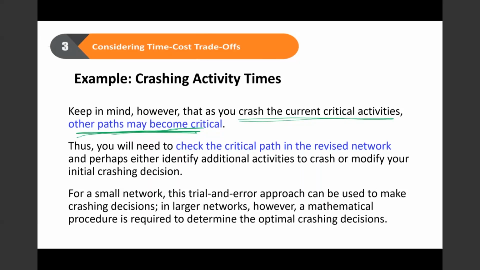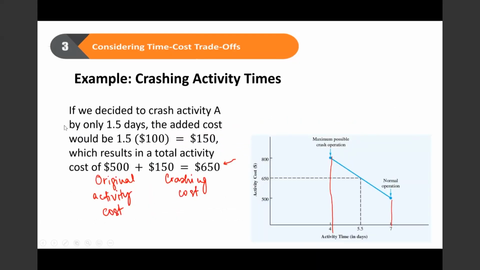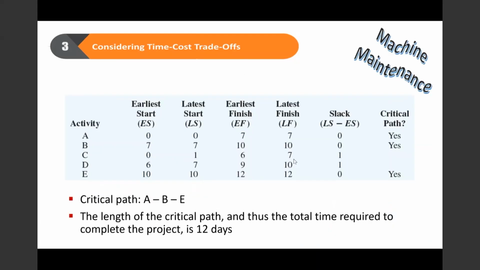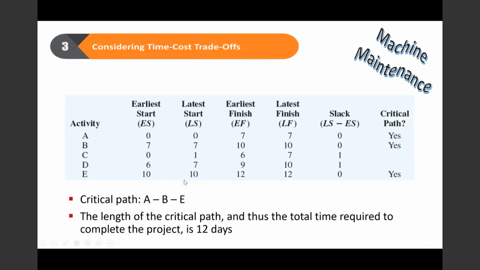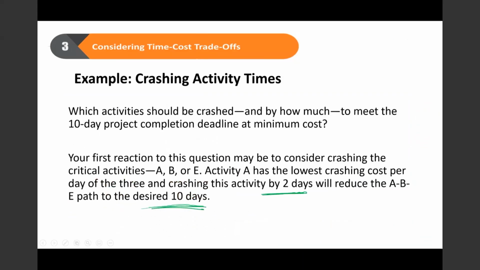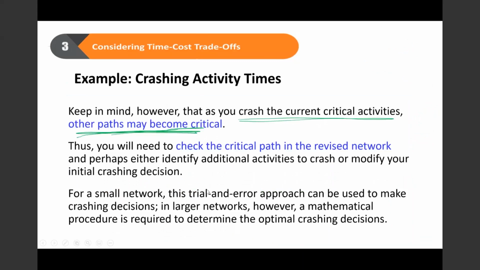So if you have a small network, like what we are having here, it is a small network, so we can keep trying. Let's say I crash this, and then you can recalculate the critical path, etc. However, if you have a very big project, as we know some of the projects are very big, then you will need a mathematical procedure to determine the optimal crashing decisions.